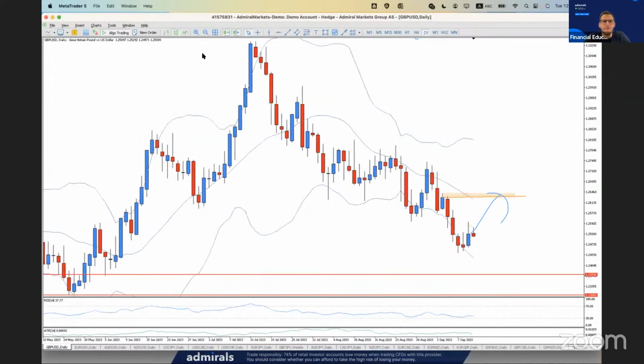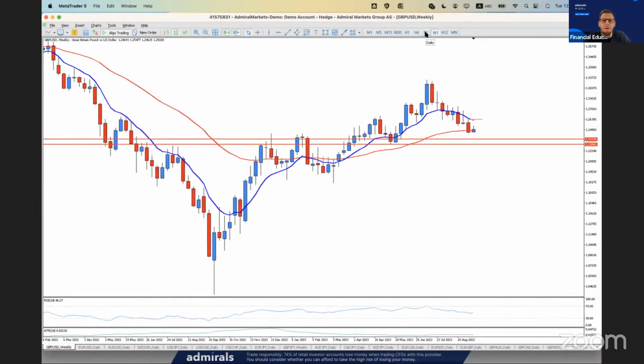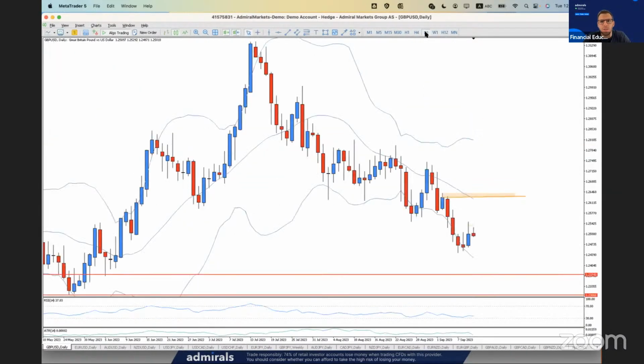Now, let's clarify something. I think it's worth a bit of attention. There are traders that, like myself, use the weekly chart for direction and the daily chart for execution.